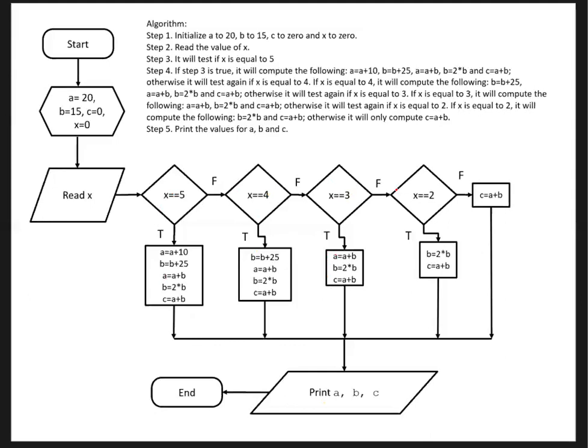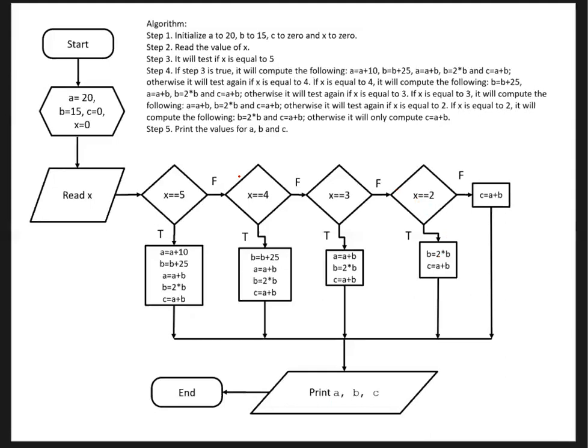Now, if this is false, it will test again if x is equal to 2. And if this is true, it will just perform these 2 equations. But if this statement is false, then it will just perform this equation. And then all of this will proceed to the printing of a, b, and c, and then it will terminate.